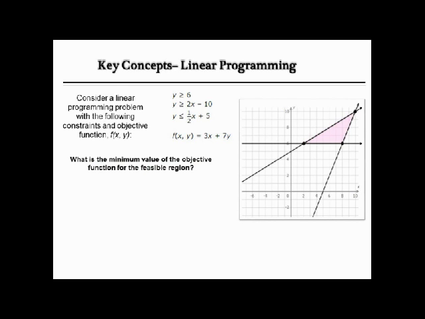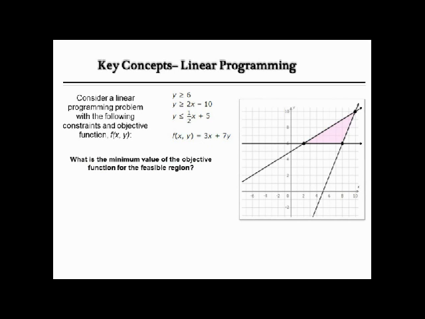Well, here's our feasible region. So to find the minimum value, all you're going to do is take these 3 points and plug in the x value and the y value and solve. So for example, let's write down these points.